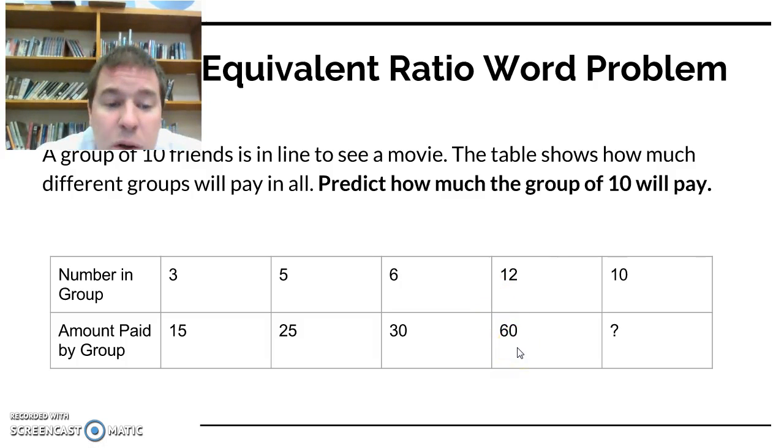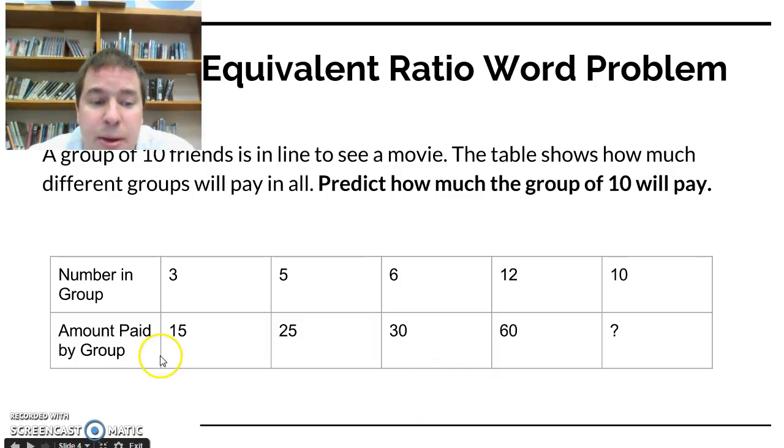What you want to do is find out how much a single person would pay as a ratio. Look at the 3 to 15. A group of 3 pays $15. What does that reduce down to? Think of that as a fraction, 3 over 15. That reduces down to 1 over 5.